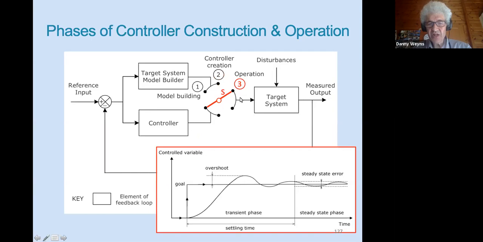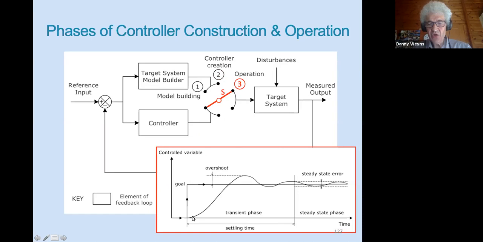If the controller is enacted in stage 3, you see the controller is just changing the control system based on the differences it measured between the output and the reference input, and the controller then adapts the target system accordingly. What we know from control theory is that this kind of configuration provides all kinds of guarantees.